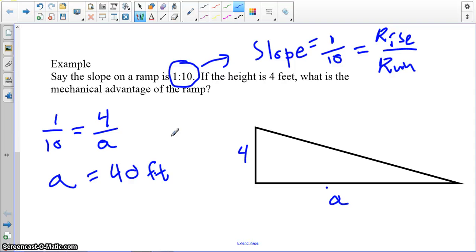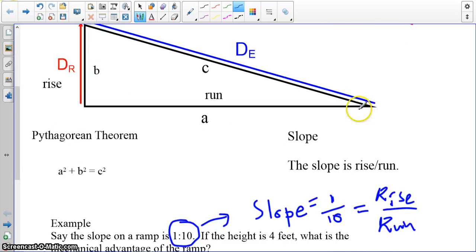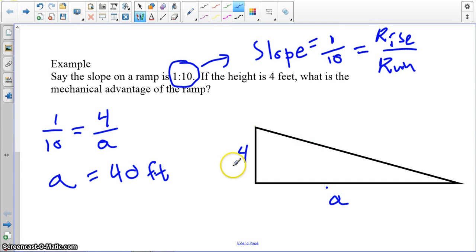But what's up is, I just kind of jumped into it. The reason why we have to find A is we want DE over DR. Well, DR is right here, it's 4. DE, we don't know. So DR is 4.